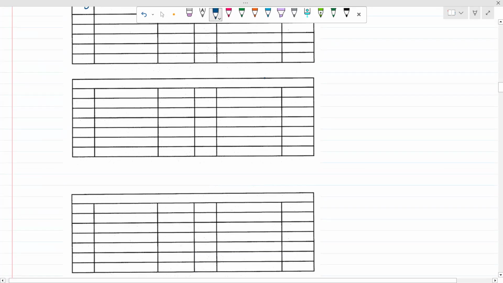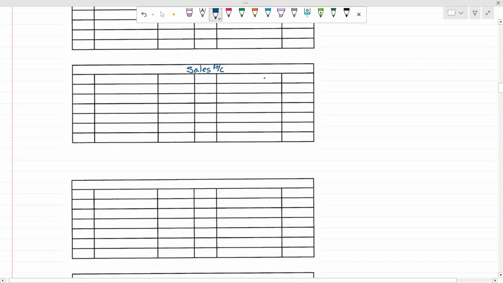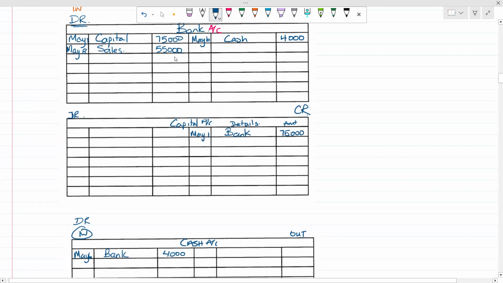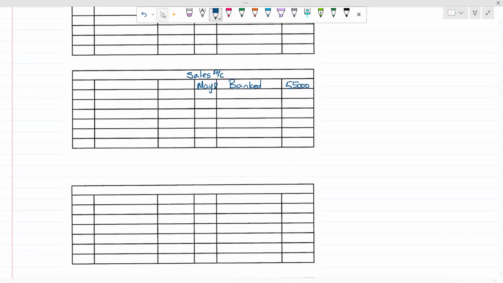It means then that I need to complete this double entry. Remember, double entry means 2. So I have to open a sales account, and on that same date, May 8th, we sold $55,000 and this money was banked. So we have a debit and we have the corresponding credit.